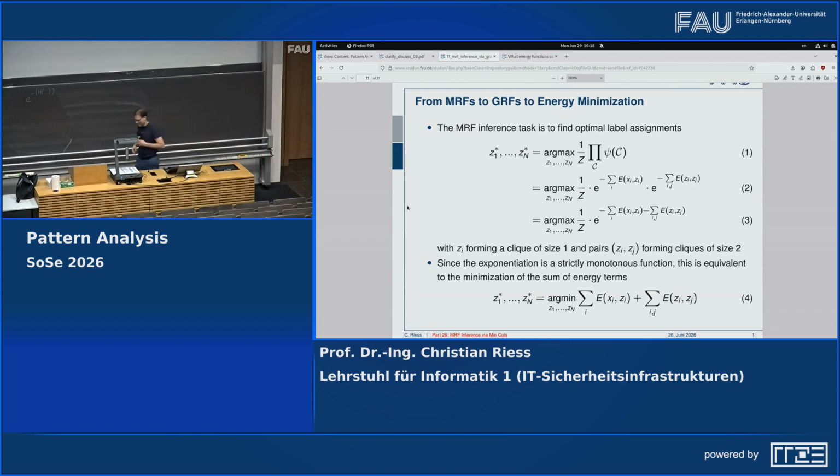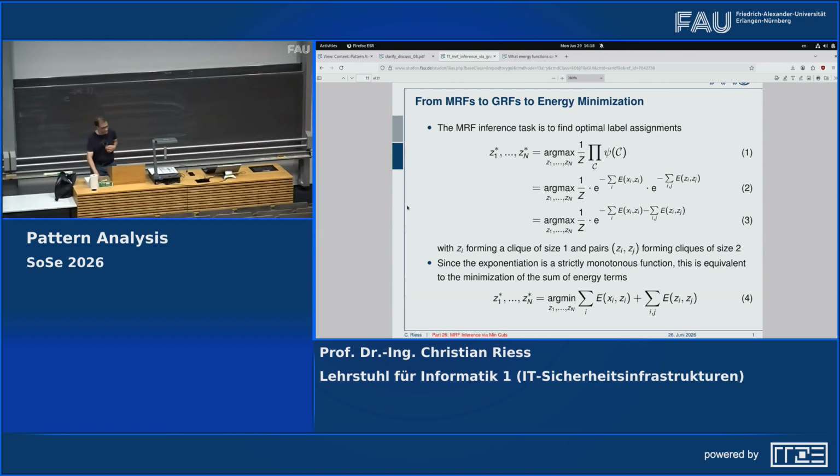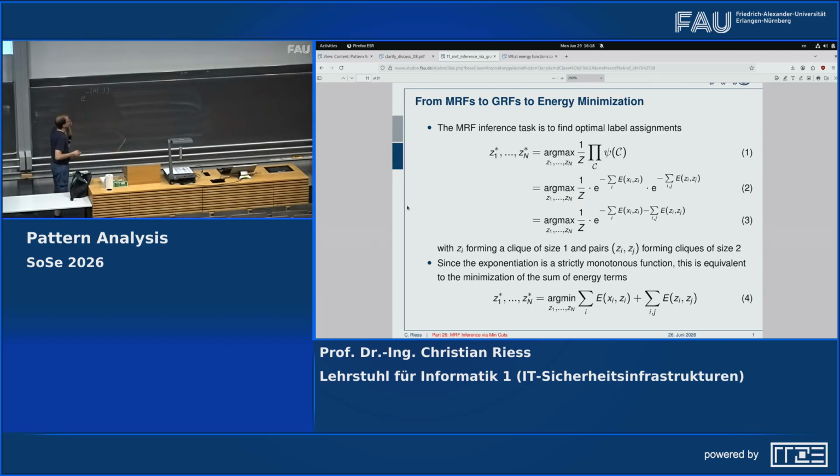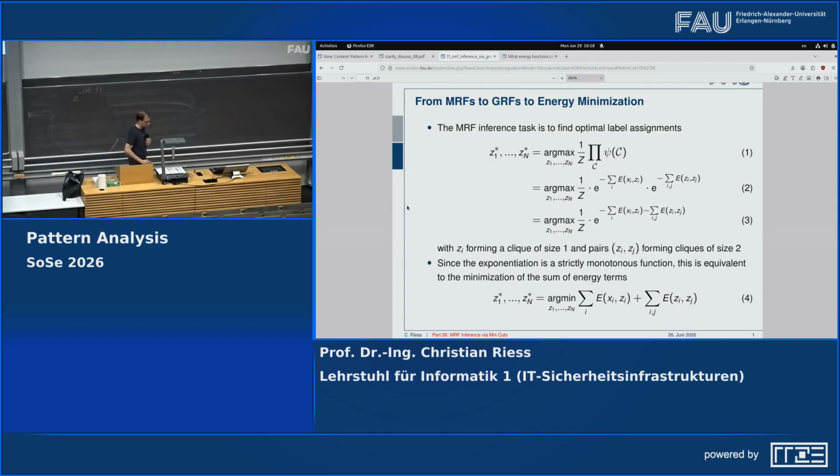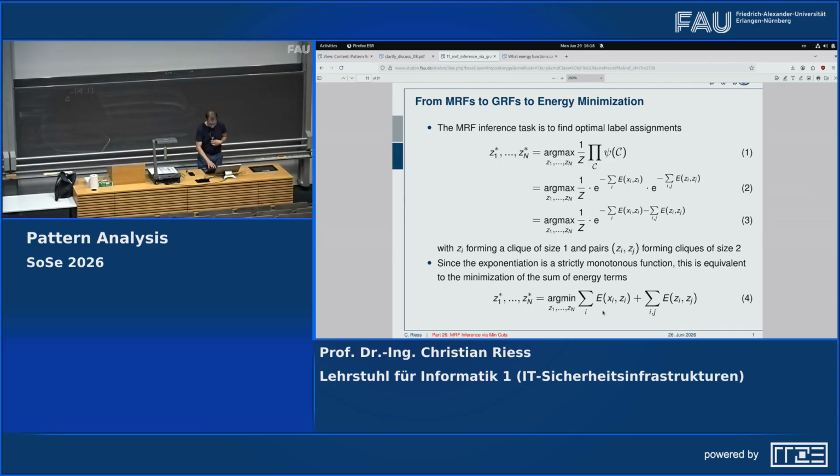This is actually true. I might have written it there, but we could have written 1 divided by capital Z times all of this. But in fact, when it comes to the choice of labels, the partition function is a constant.